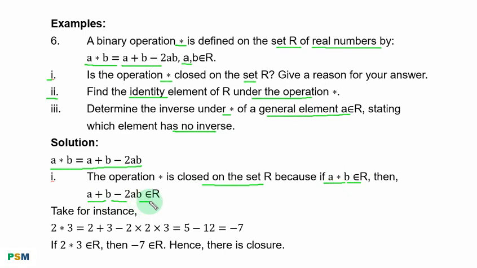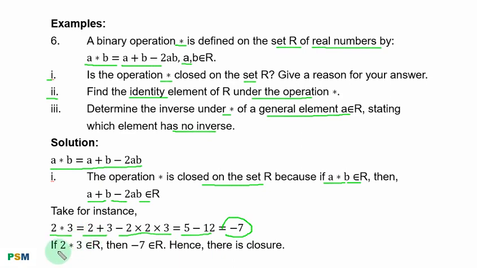Take, for instance, let's assume a to be 2, b to be 3. So 2 * 3 simply means 2 + 3 − 2 times 2 times 3. You have 5 − 12, equal to −7.